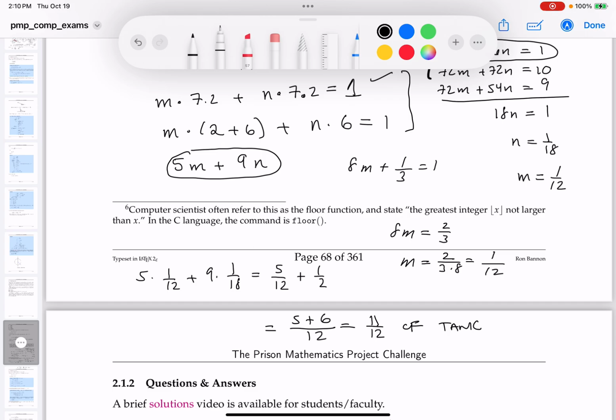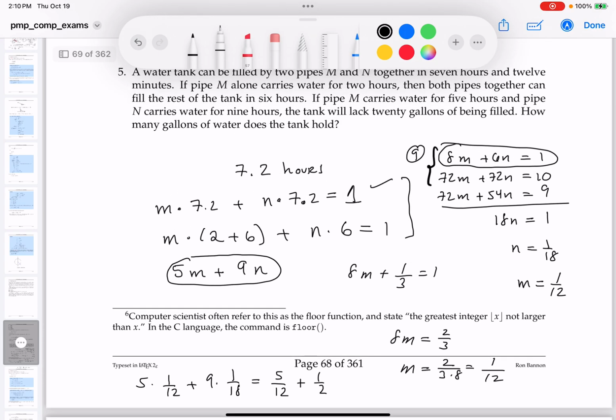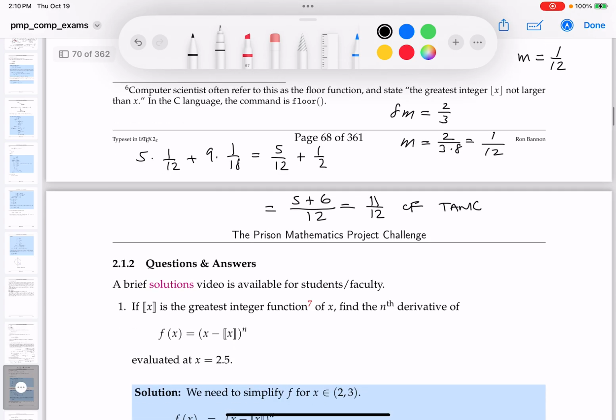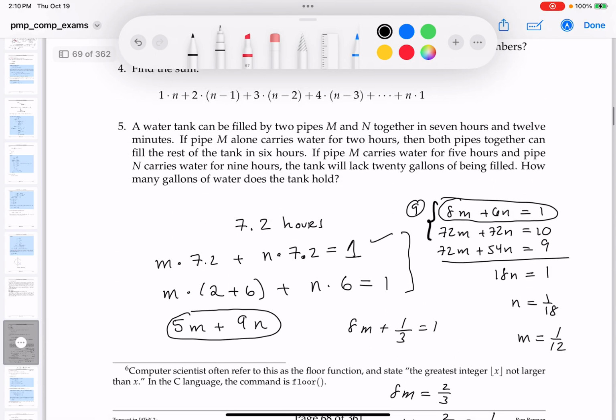All right, let's go back and read it again. Going back to read the question, I guess I got to read it again. It says over here, 5, and I did that already, and there's 20 gallons. It'll lack 20 gallons. So what does it mean? It means 1/12 of the tank. Again, let me repeat that to you over here.